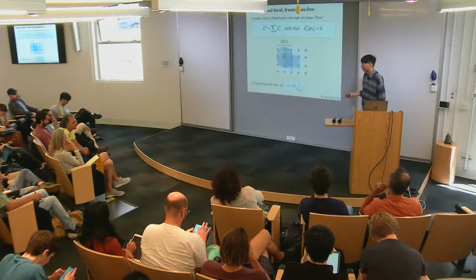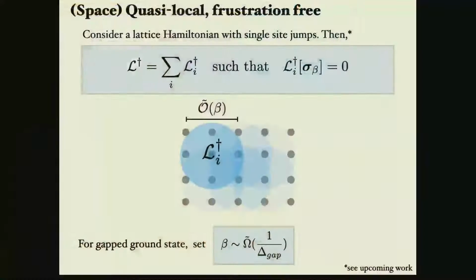All right, let me just add one comment. I know lots of people really love ground states. They don't like thermal states as much. So you can also apply this for ground states if it's gapped. And the cost just amounts to setting this beta to be 1 over the gap. And there might be log dependencies. The intuition here is that in order to know that you're getting lower energy, and in particular that you're going to the ground state, you need to resolve the energy scale of the gap.